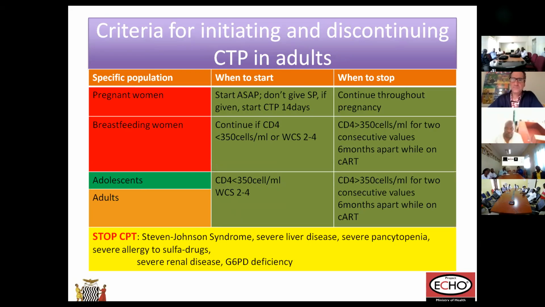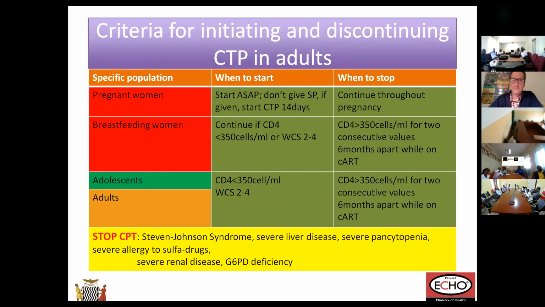So other special populations are pregnant women. For pregnant women, you start as soon as possible, and you are advised not to give Fansidar, as the cotrimoxazole will be able to prevent malaria in pregnant women.